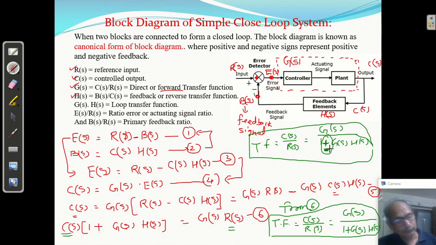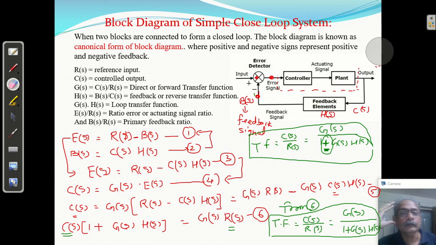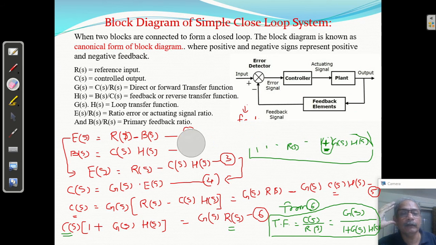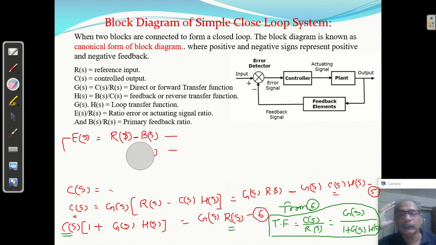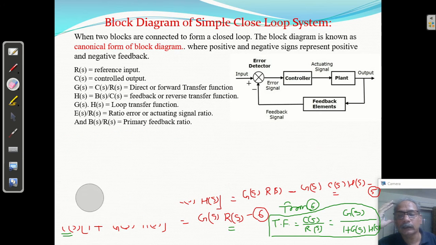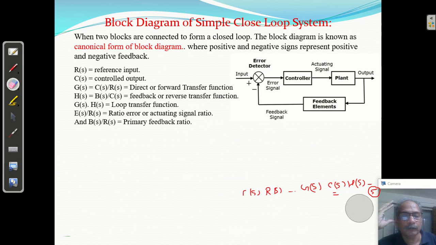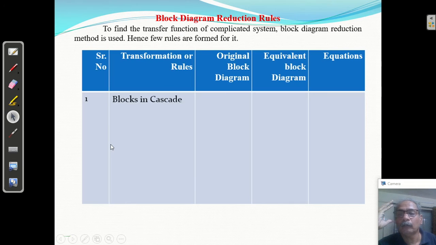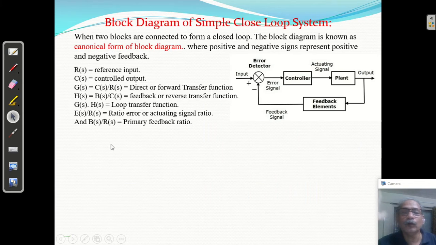Generally, this is very, very important. Examiners generally ask this to derive. Now, before that, I want to discuss a few more terms.